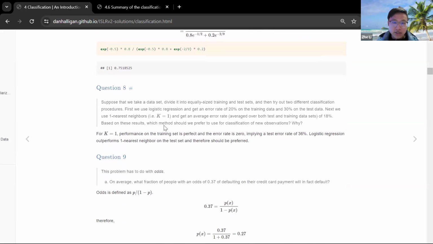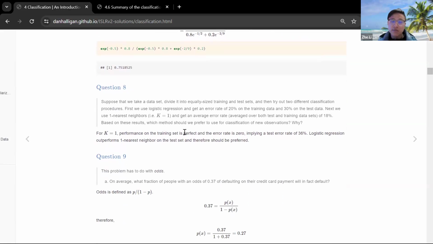And the next question talks about k-nearest neighbors, and it talks about another set, the training set and the test set. We split the data set into two equally sized sets, and then try out two different classification procedures.